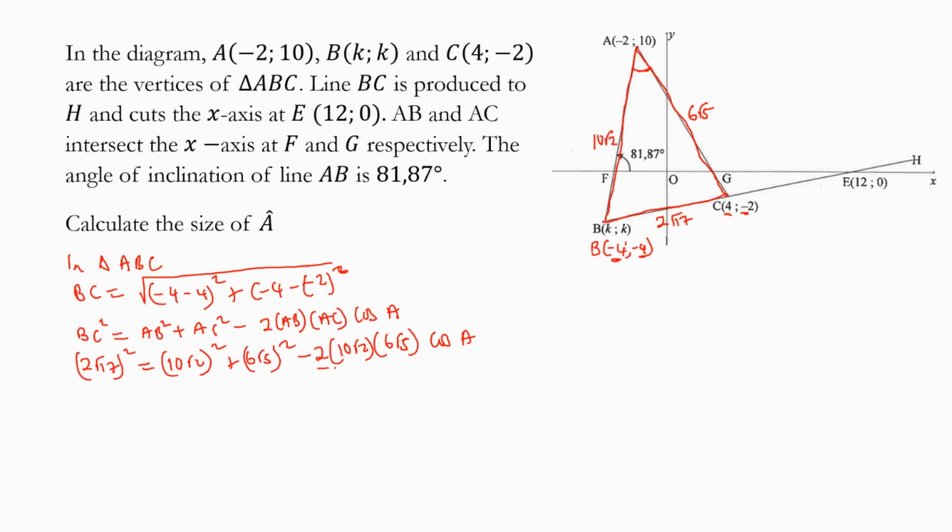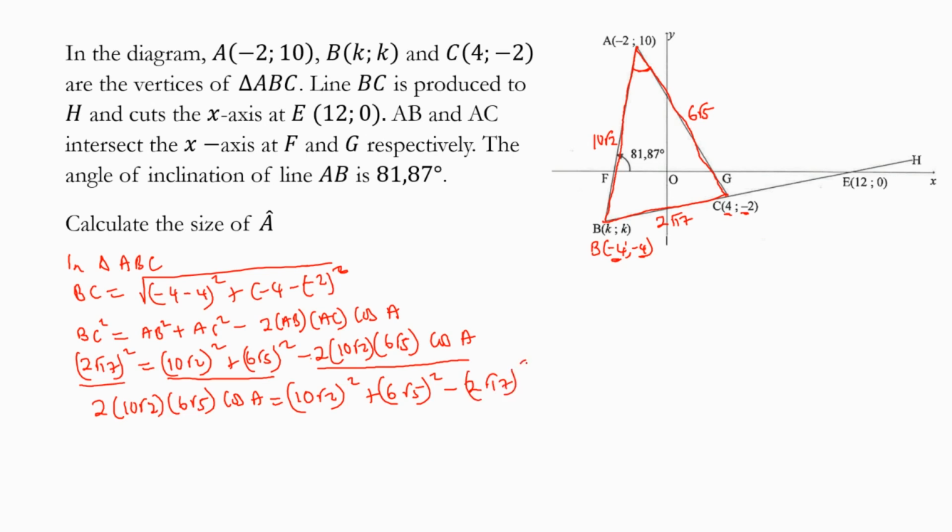Let's bring this part to the left so that it becomes positive. So 2 times 10 root 2 times 6 root 5 cos A is equal to 10 root 2 squared plus 6 root 5 squared minus 2 root 17 squared.